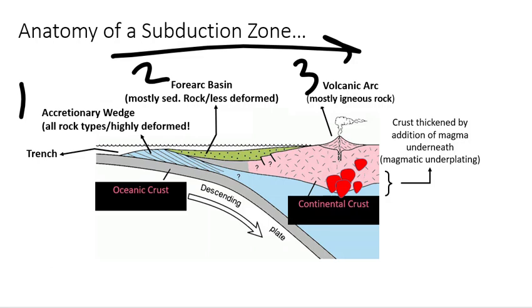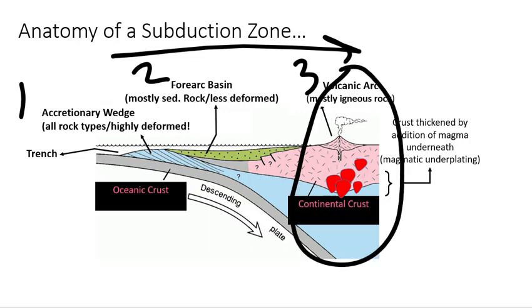And these processes give rise to the volcanic arc, which is right here. So at depth, beneath the arc, we of course get intrusive igneous rock, and then at and very near the surface, we get volcanic rock in the volcanic arc.